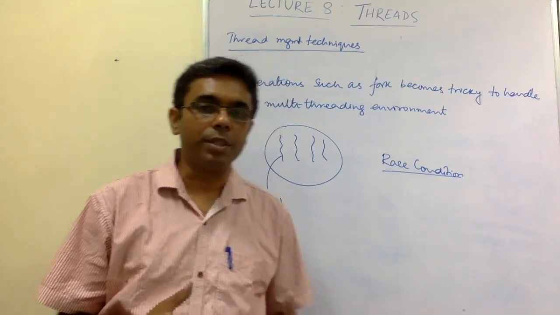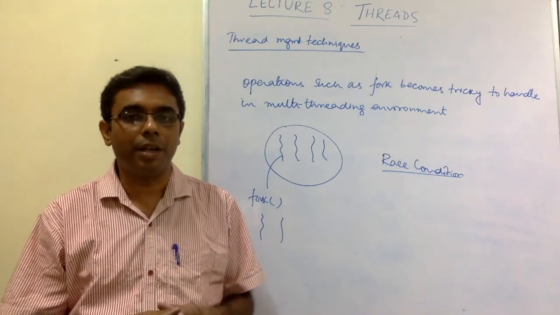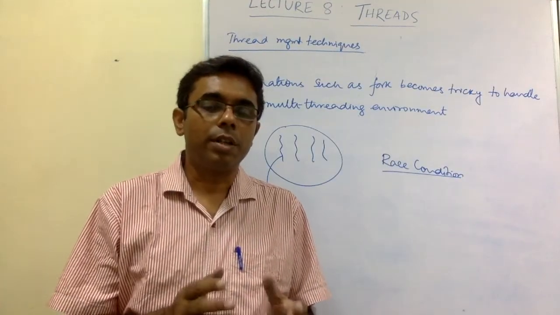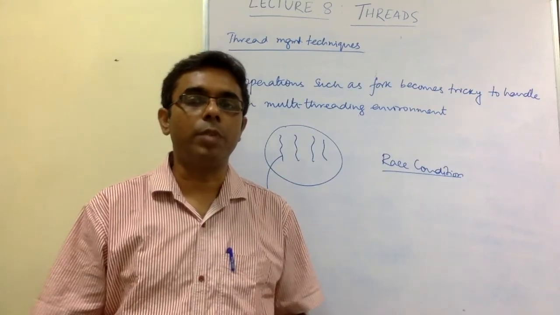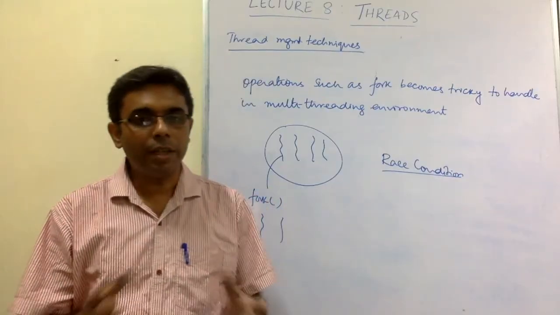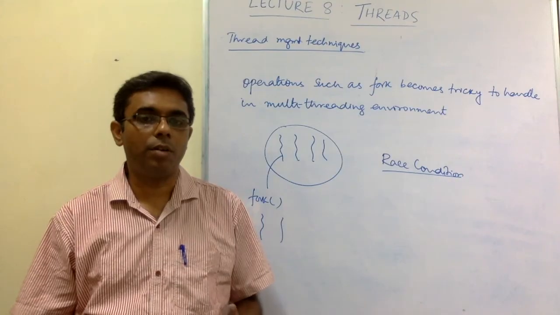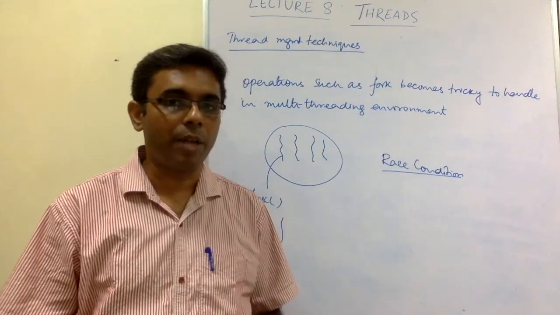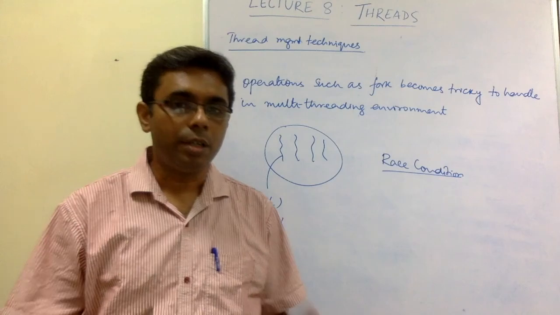Since all the threads would like to access the same data, at the end of execution of all the threads, the result is ambiguous. You're not sure what the result would be. There can be multiple results which may come out. We'll see how we can overcome this race condition by proper synchronization of threads, and we'll talk about that in the next lecture.